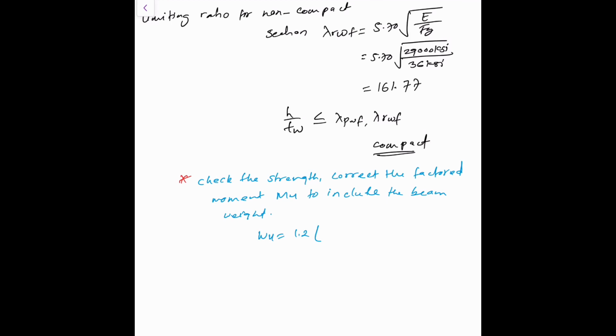Alright, so our ultimate load is going to be 1.2 times, what was our 0.5?